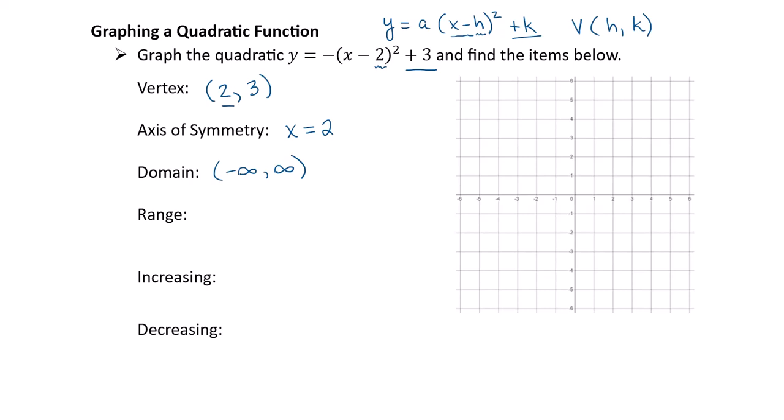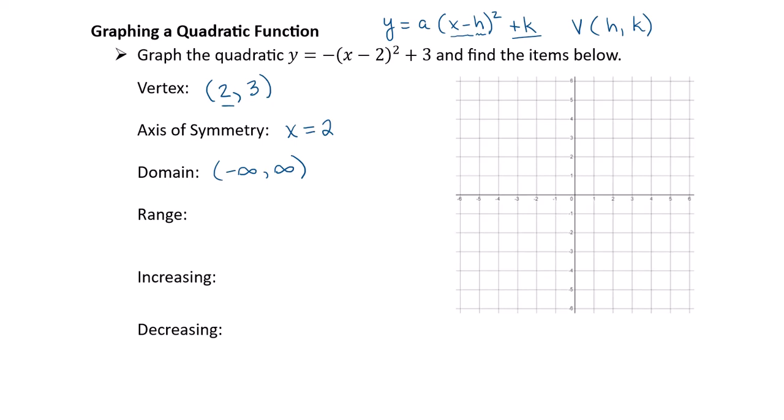We saw that in a previous graph, but if you're looking at this function here, there is nothing mathematically that's going to keep you from subtracting 2 from a number, squaring that number, multiplying it by a negative, and adding 3. We can do that to any real number. So the domain is all real numbers.